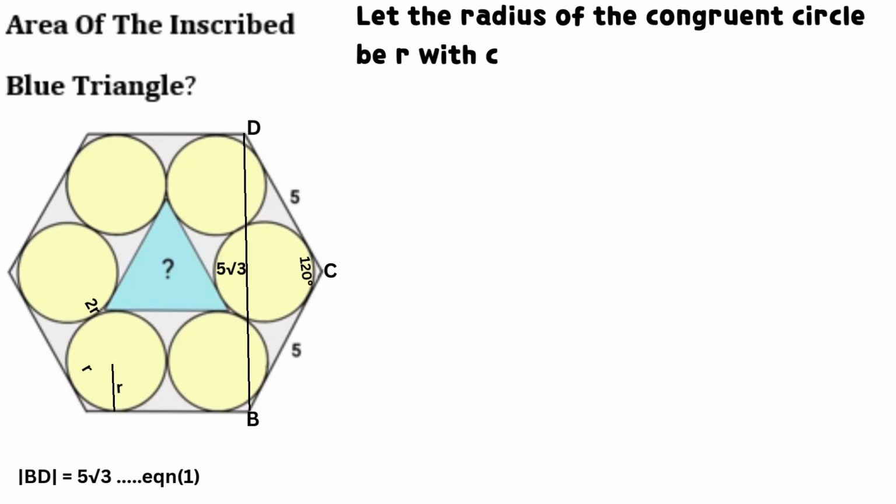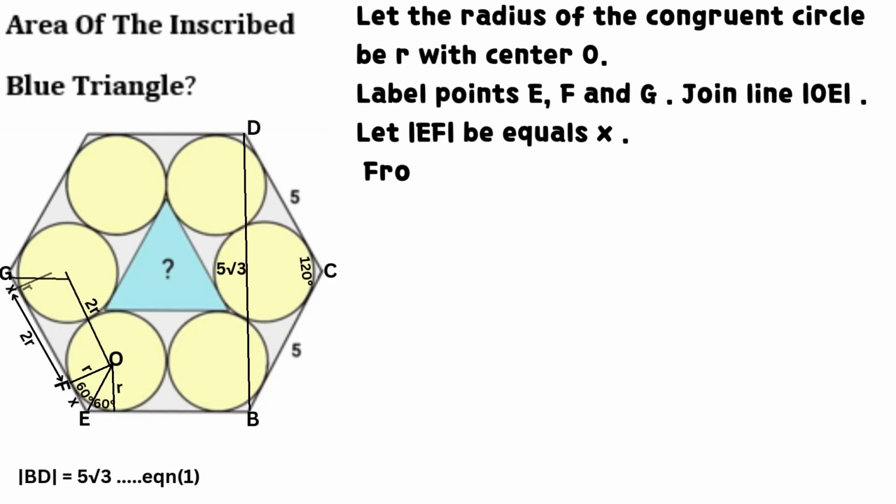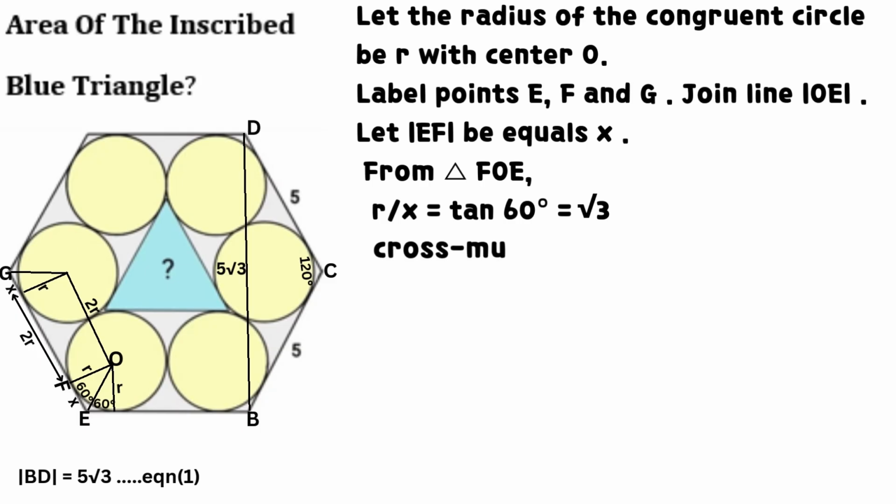Let the radius of the congruent circles be R with center O. Label points E, F, and G. Join line OE. Let EF equal X. From triangle FOE, R divided by X equals tan 60 degrees, which equals the square root of 3. Cross multiply.